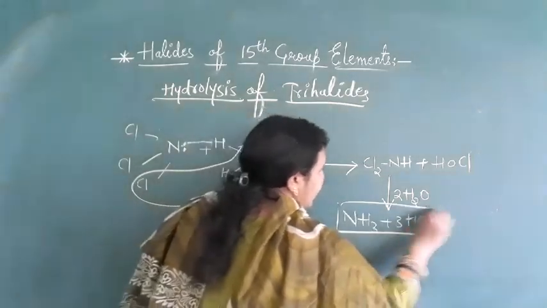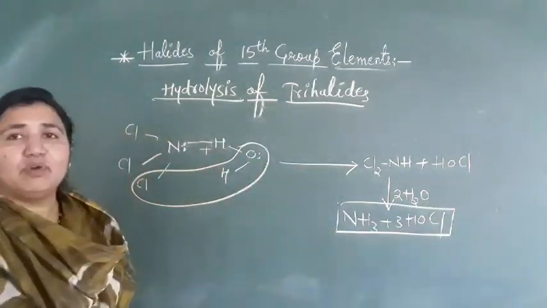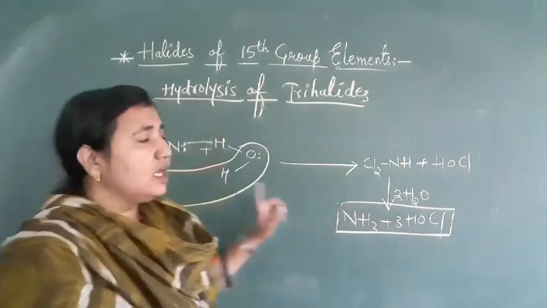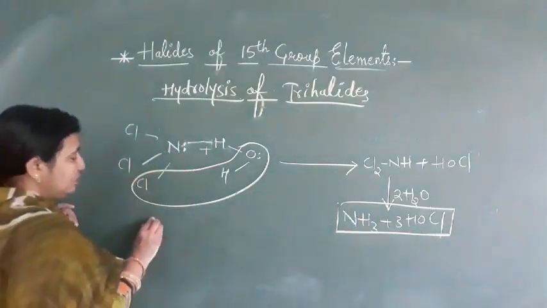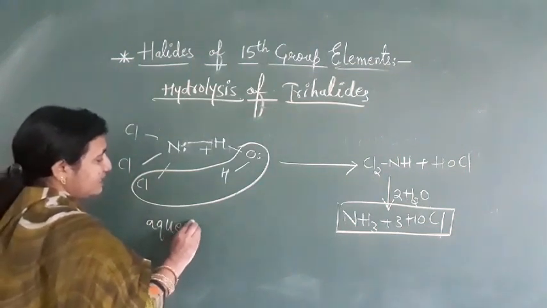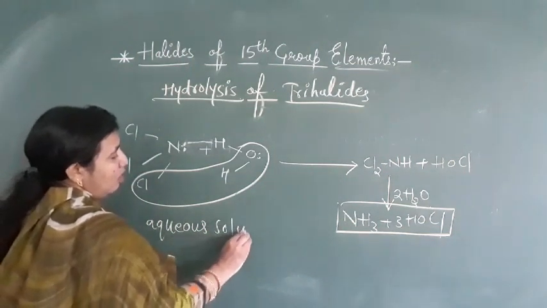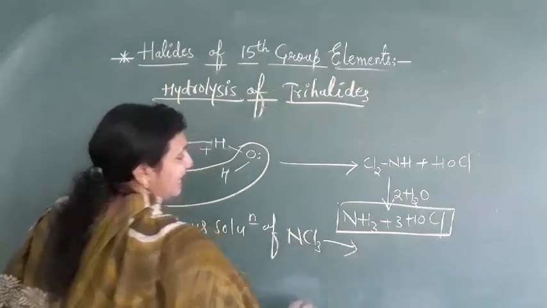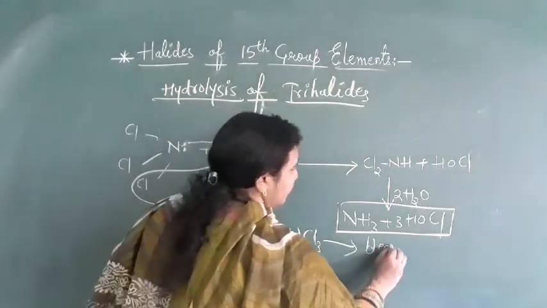So due to the formation of hypochlorous acid, the aqueous solution of NCl3 will act as a bleaching agent.